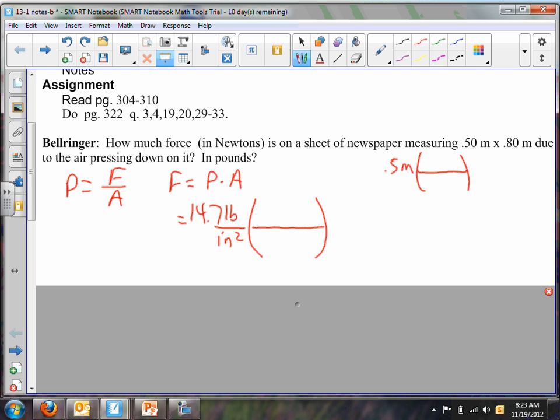We know 1 meter is 100 centimeters, and there are 2.54 centimeters in 1 inch. So taking 0.5 times 100 divided by 2.54 gives me 19.7 inches.